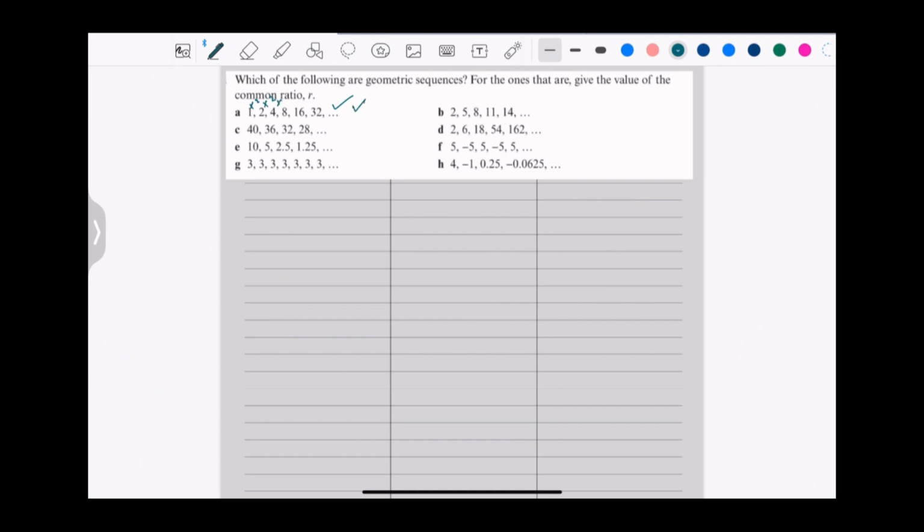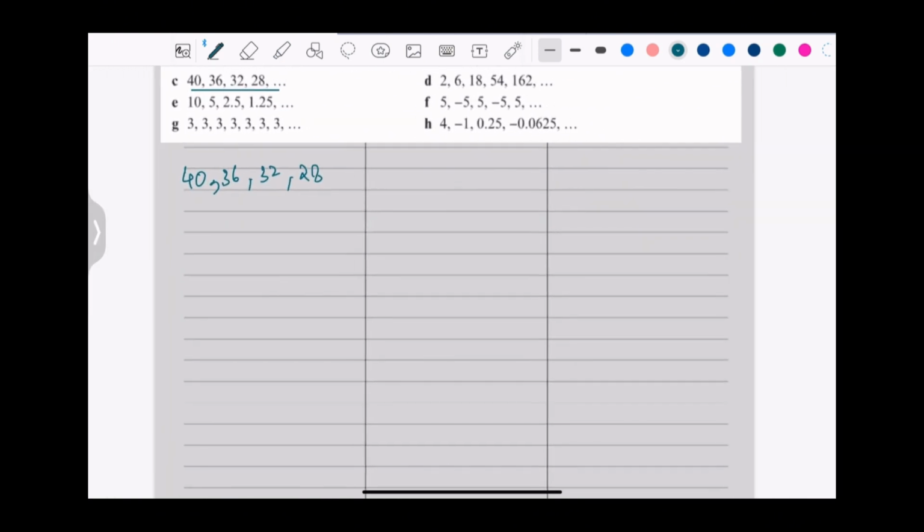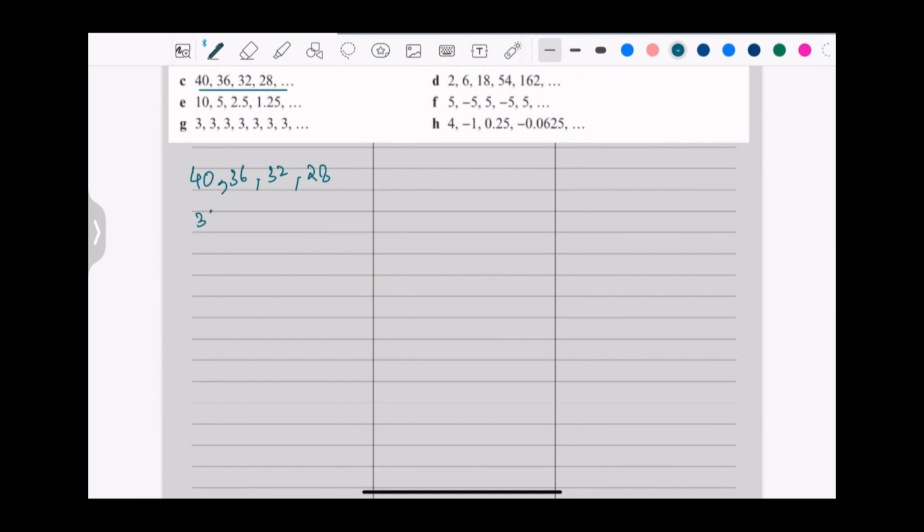And if I look at part C, 40, 36, 32, 28, I can see that 36 over 40 is 4 times 9 over 4 times 10, so 9 over 10 is the ratio of the second and the first term.